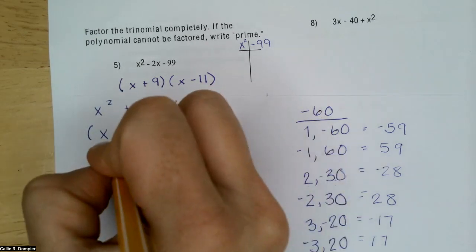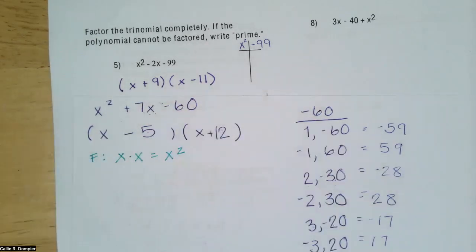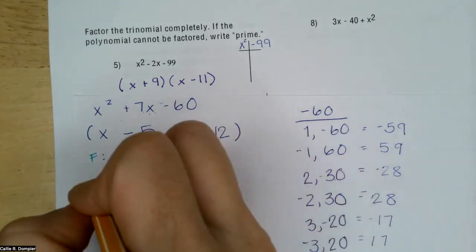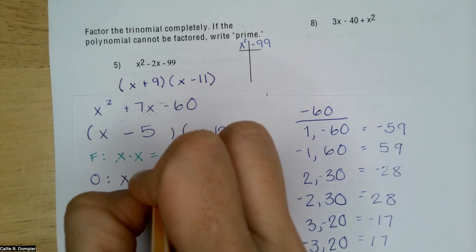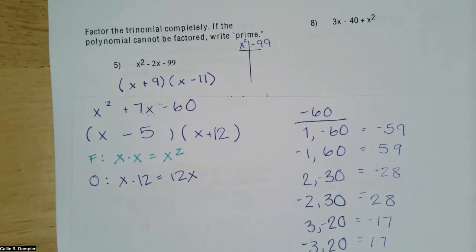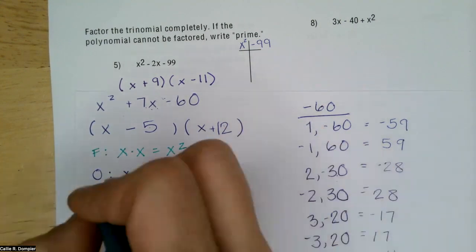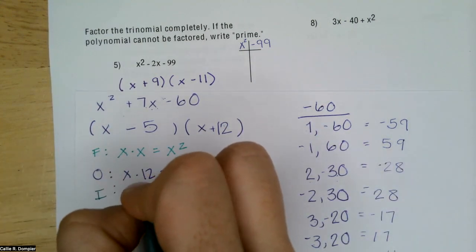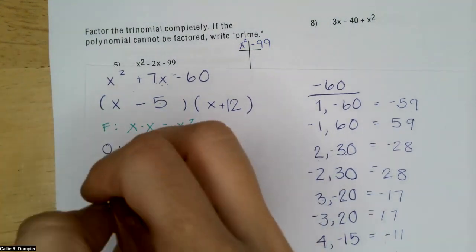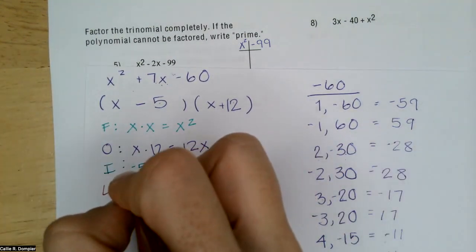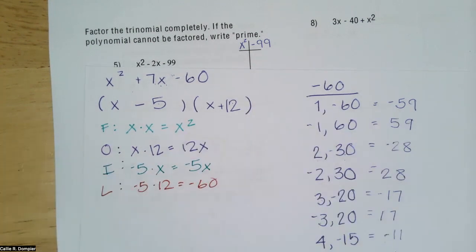First, we got x times x is x squared. Outside, we've got x times 12 is 12x. Inside, we've got negative 5 times x is negative 5x. And then last, we've got negative 5 times 12, which we already established is negative 60.